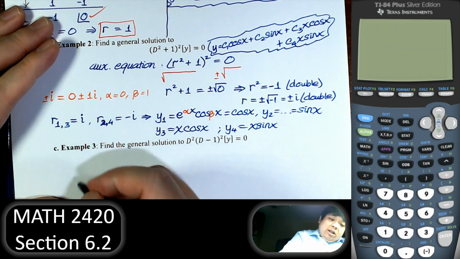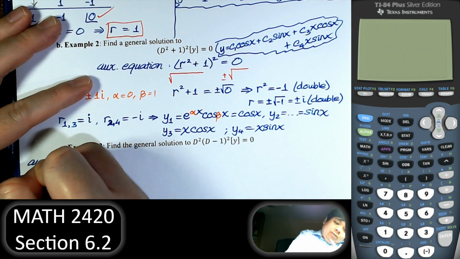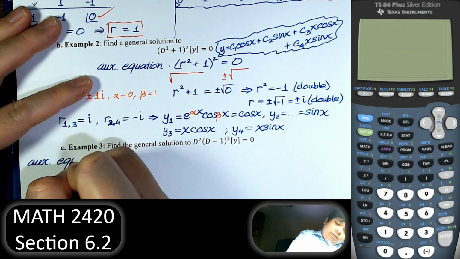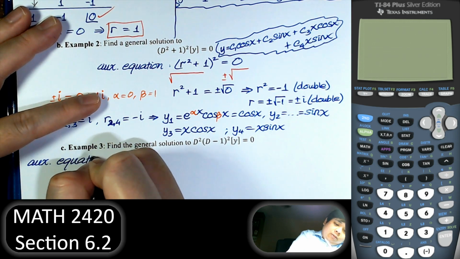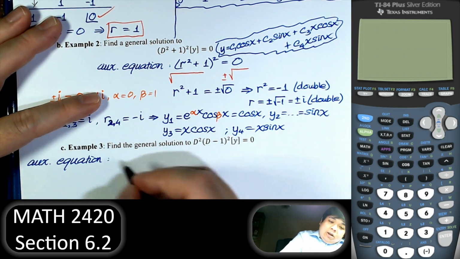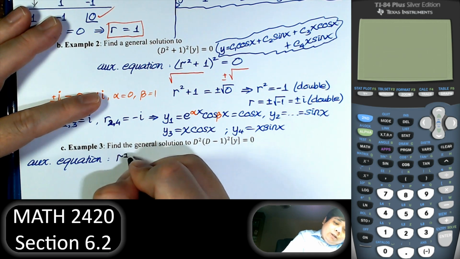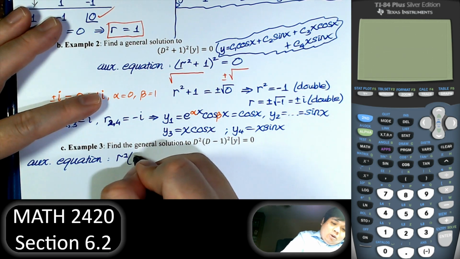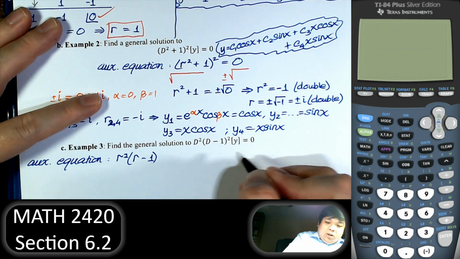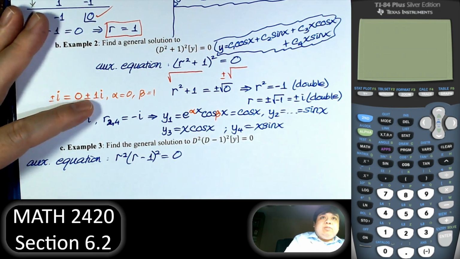Similarly on this one, the auxiliary equation is r squared (r minus 1) squared equal to 0.